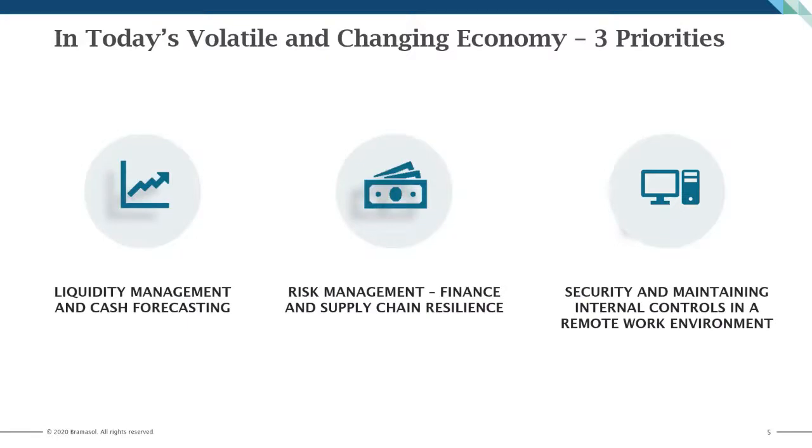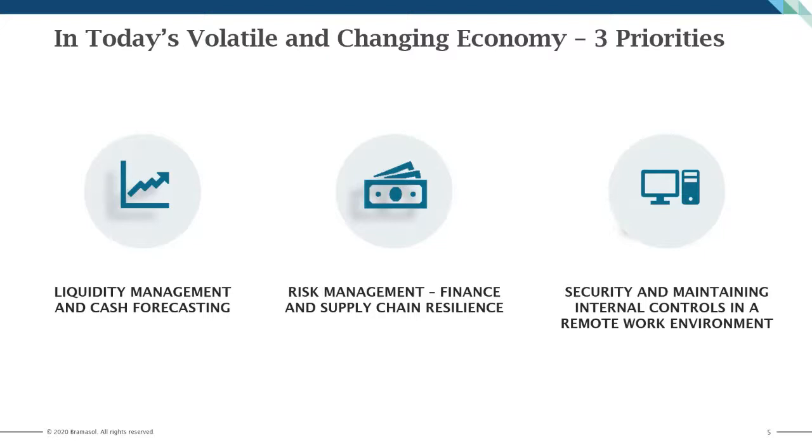So why are we here and why have we been doing this series? Well, in today's volatile and changing economy, there are really three priorities. As I did some research, as I always do, prepping for these webinars, I read about 20 or so different white papers, websites, et cetera, and really three things came to the fore on what CFOs and treasury teams are focused on today. Number one, and the way they phrase it is liquidity, liquidity, liquidity.